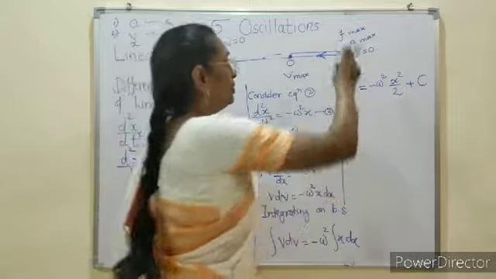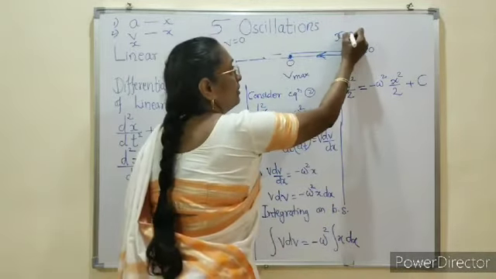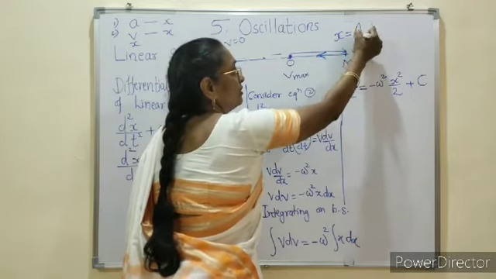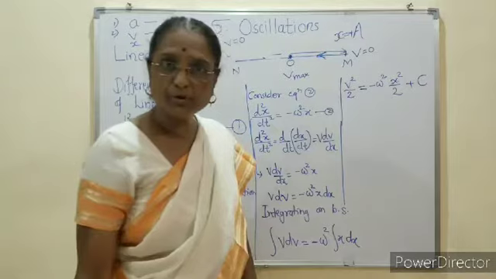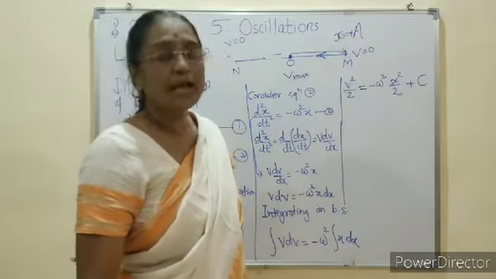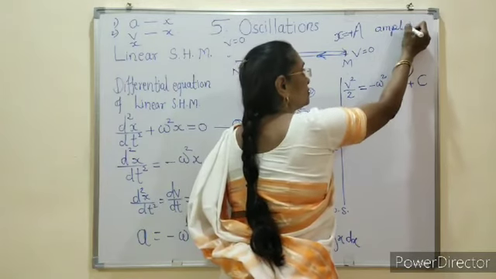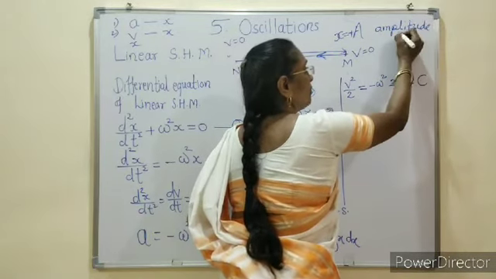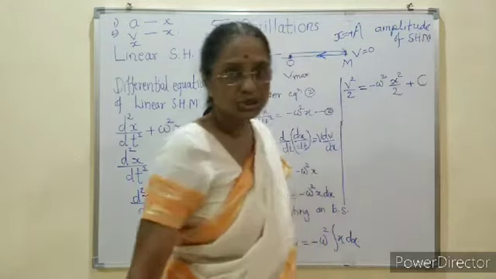We put here only the values like this. At the extreme position, x is equal to say plus a, it is the maximum displacement. It can be called as amplitude of SHM. You know this definition of amplitude of vibration. The same definition we use here.